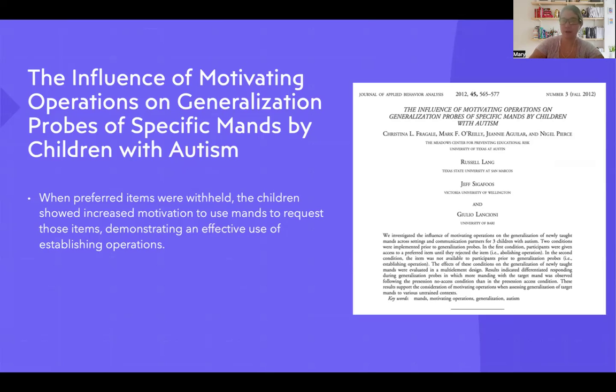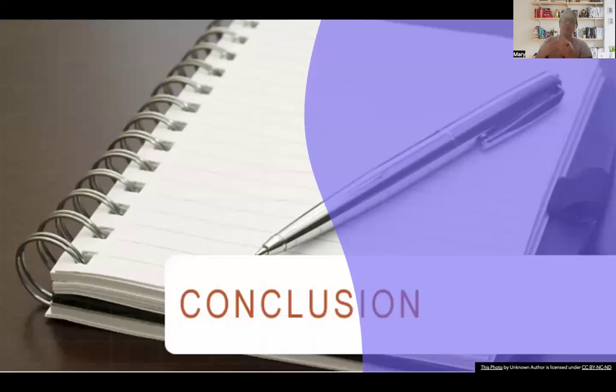And remember, establishing operations are those that increase behaviors and make us want to do that specific behavior the next time. In this case, withholding these items that they really like made them more likely to ask for them.